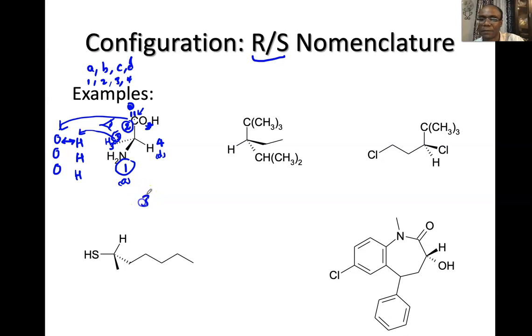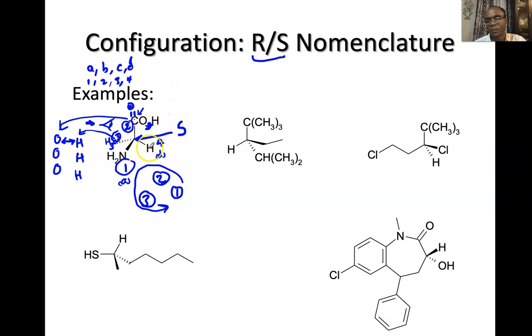So we should write them like this: 3, 2, and 1. That's what you should be seeing standing this side. 1, 2, 3. So you're going counterclockwise. So this carbon here in the middle has a chirality of S. That's what we are looking for. Okay.